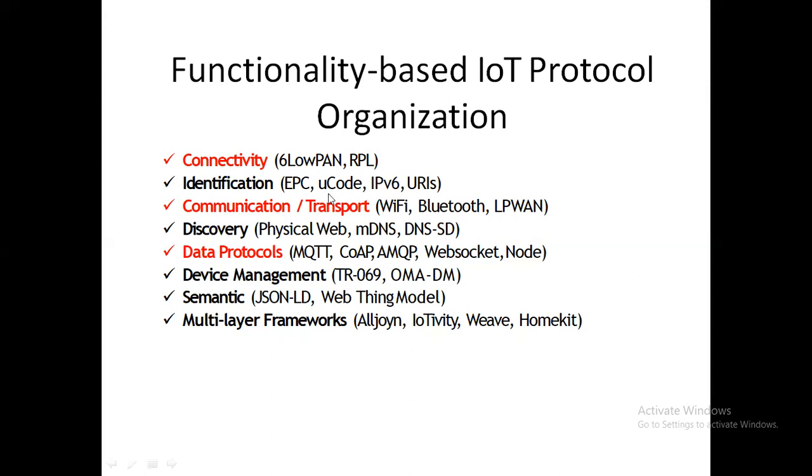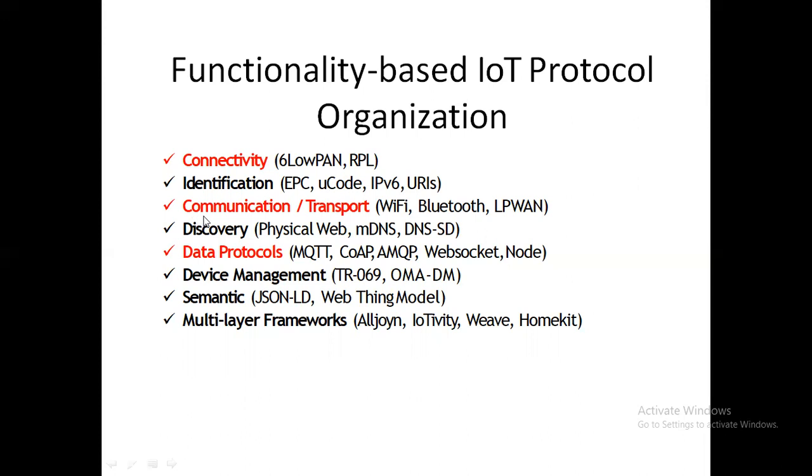Okay, communication or transport. The basic idea here: connectivity is how this virtual world is going to connect with the system, using either Ethernet or Wi-Fi. Identification is about which device you are connecting, which barcoded item or which system you want to connect.